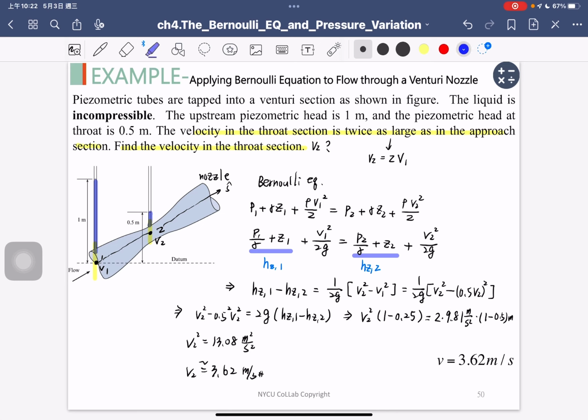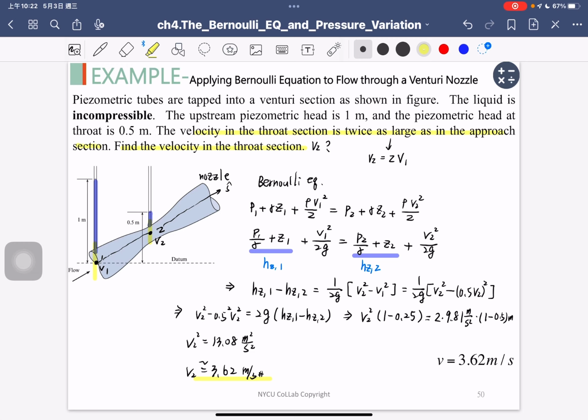Okay, so that's a very simple exercise. We apply the Bernoulli equation, and we know how the velocity difference behaves, and we can compute the velocity at any point we want, just based on the Bernoulli equation.